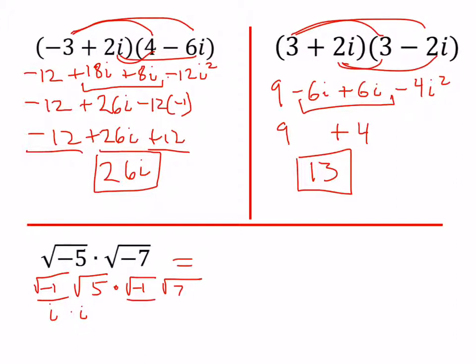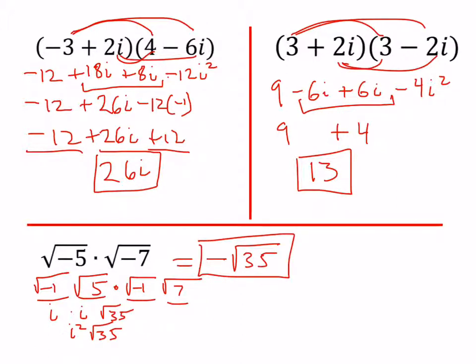Those two are i's there. And now let's multiply that together, and we get the square root of 35. So in the end, we get i squared times the square root of 35, which is going to give us -1 times the square root of 35. Negative square root of 35. Okay? So watch out for that case. A little different thing there.